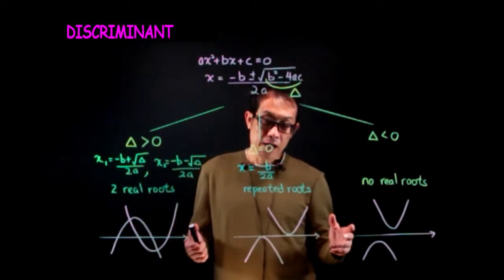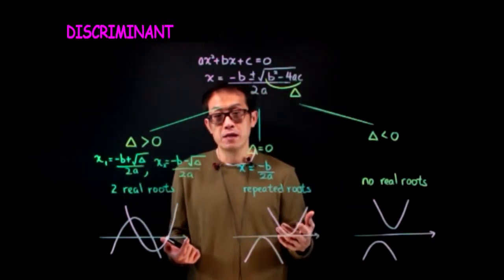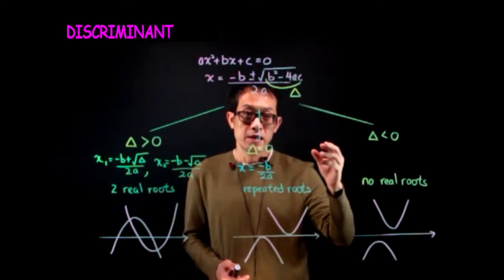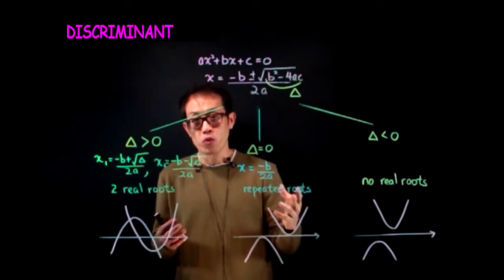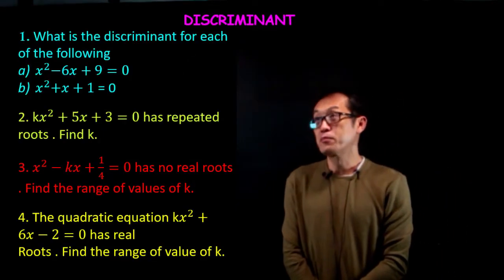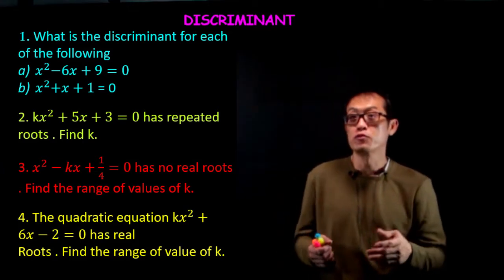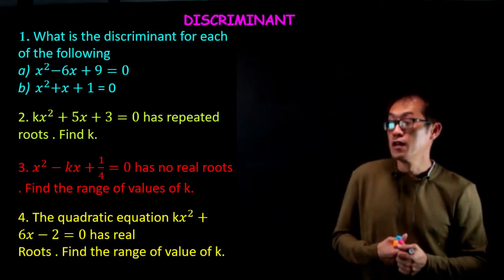Now let's look at some examples. I will use the concept of discriminant and we will attempt a few questions. Question number 1 is just a warm-up, to make sure that you know how to find the discriminant.